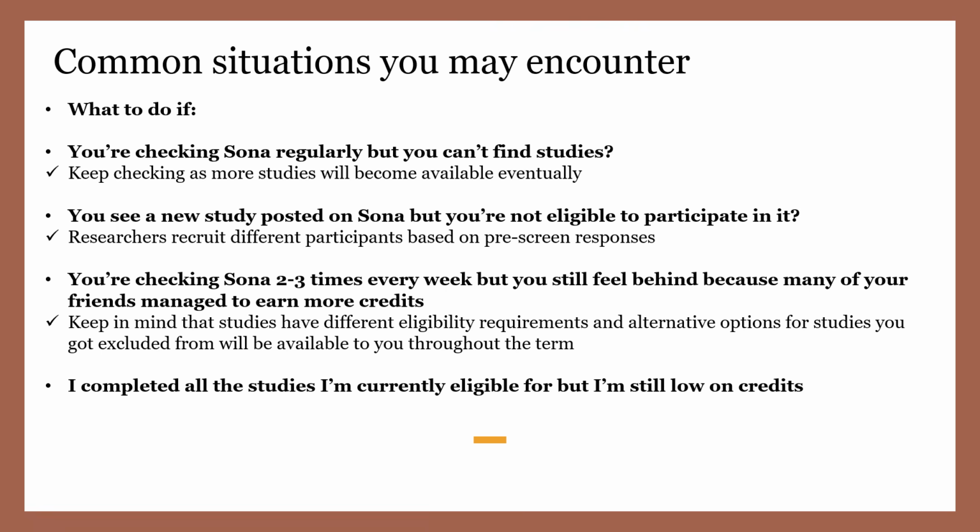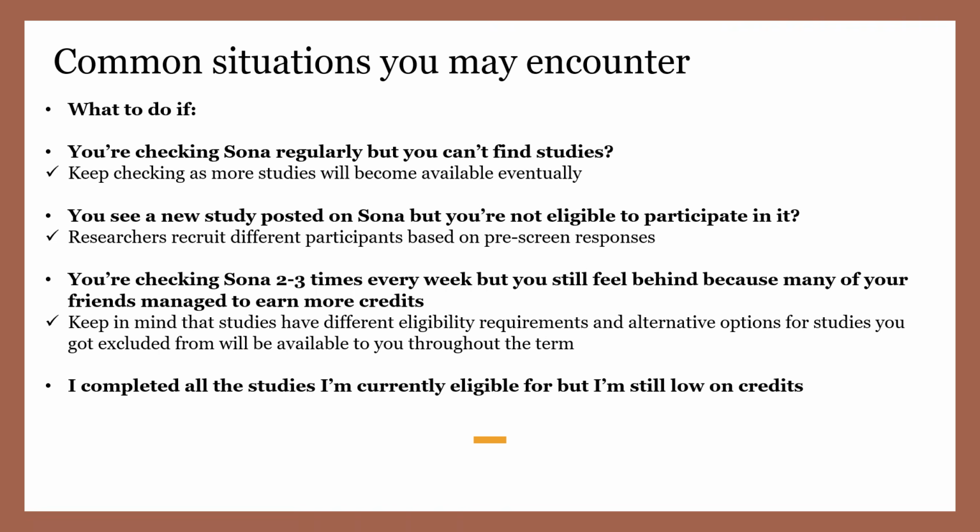Last scenario, let's say that you completed all of the studies that you're currently eligible for, but you're still low on credits. This basically means that you're doing your part of checking SONA and participating in the studies, which is perfect. So again, what you need to do in this case is just keep checking SONA. You really need to be patient in this process.